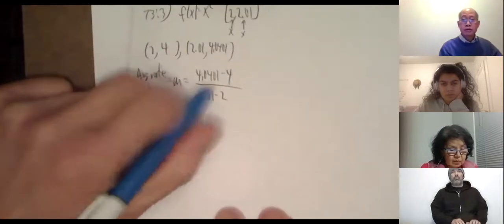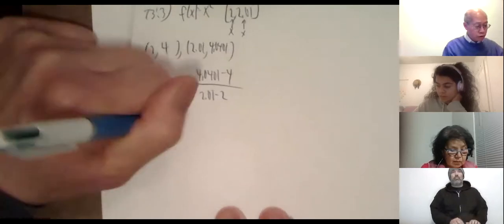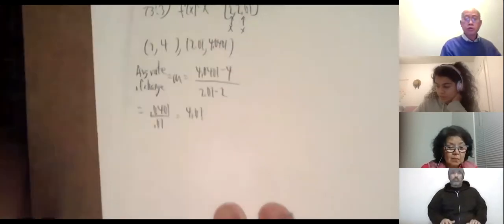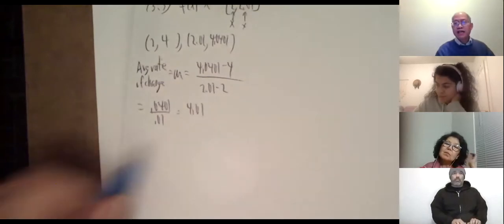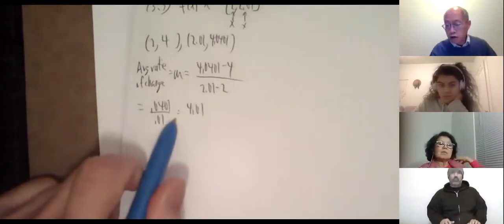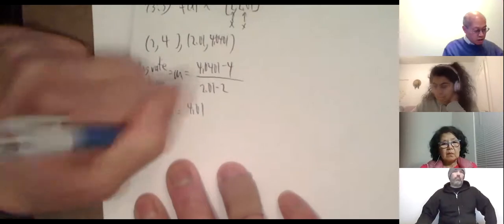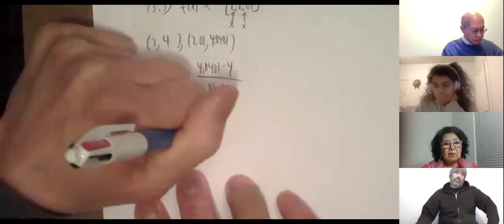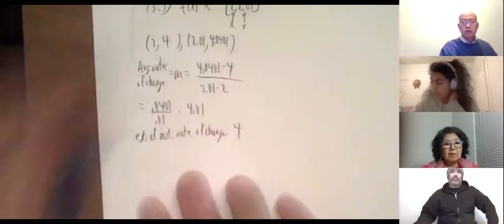Okay, and can I do that in my head? 0.0401 divided by 0.01, which is 4.01. Okay, and what's a nice number that this is near? Well, 4. Okay, so it says estimate the instantaneous rate of change. So estimate instantaneous rate of change: 4.